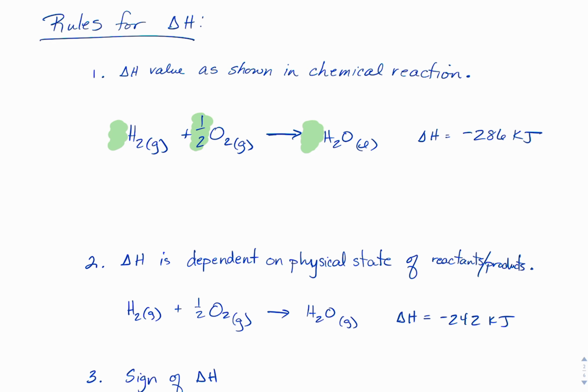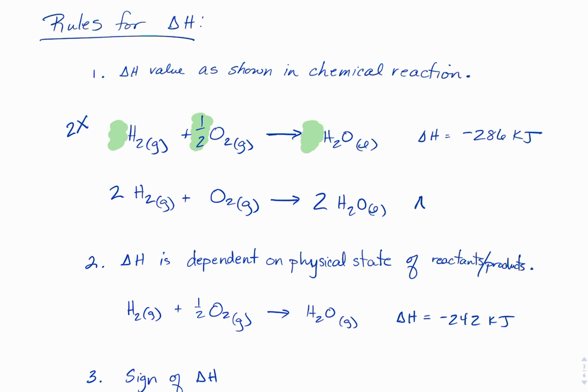So for example, if I take the entire reaction and multiply it times 2, each coefficient becomes 2 H2 plus O2 gas, 2 times 1/2 is 1, yields 2 H2O.